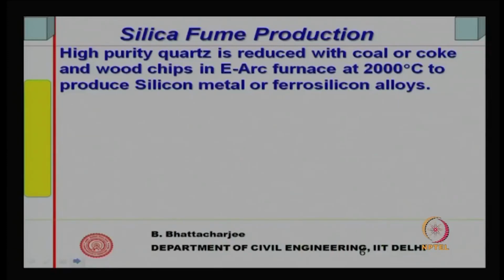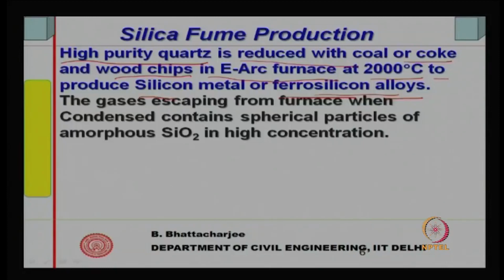Basically, silicon and ferrosilicon alloys in their production use high purity quartz, which is reduced with coal or coke and wood chips, basically with carbon, to produce Si. These are reduced in an electric arc furnace at around 2000 degrees centigrade to produce silicon metal or ferrosilicon alloys. The semiconductor industry uses silicon and ferrosilicon.